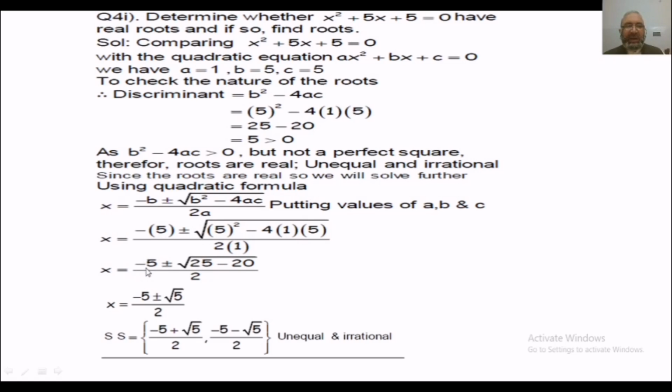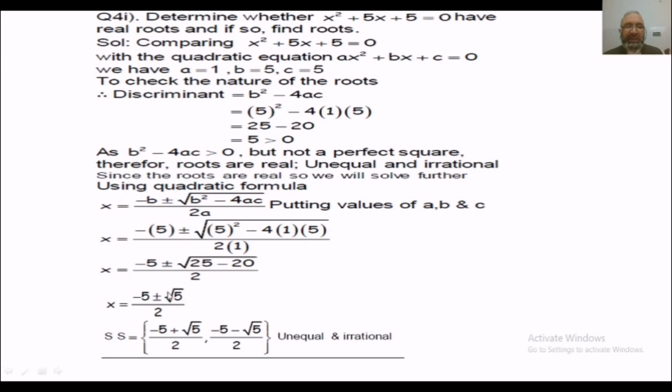Simplifying, minus 5 plus minus 5 square 25 minus 4 5 is 20, 25 minus 20 under the root divided by 2.